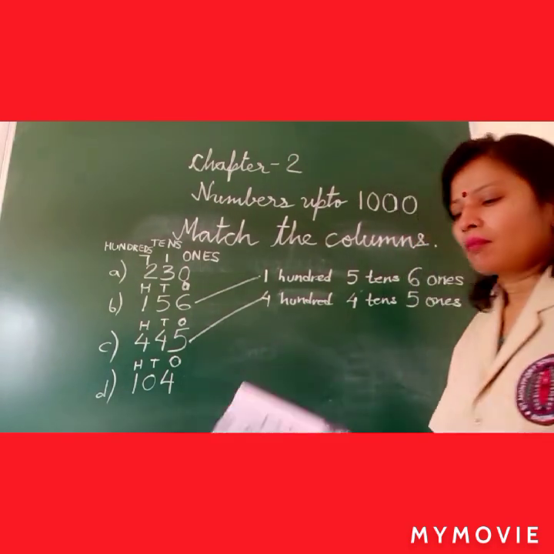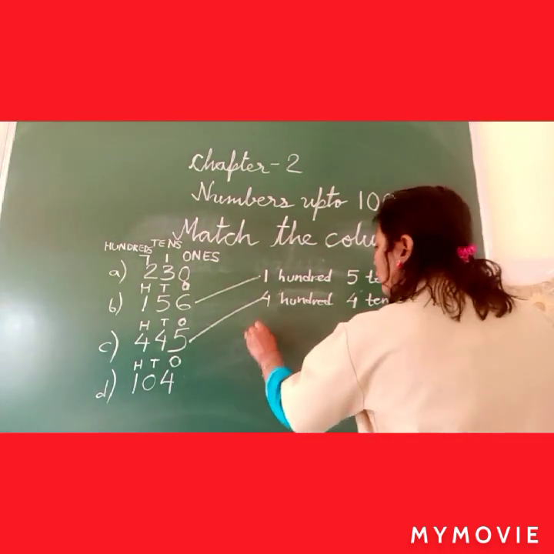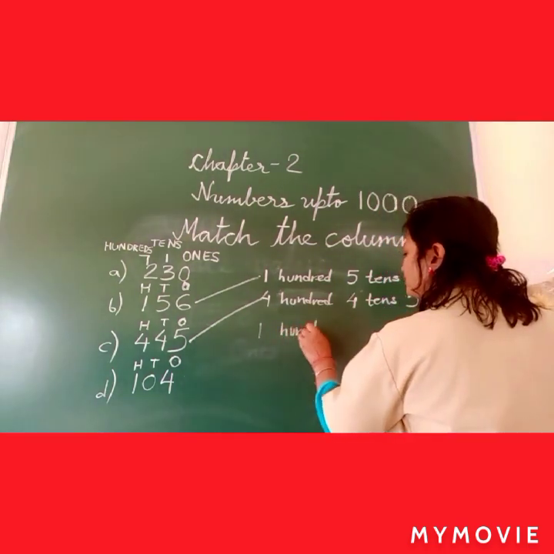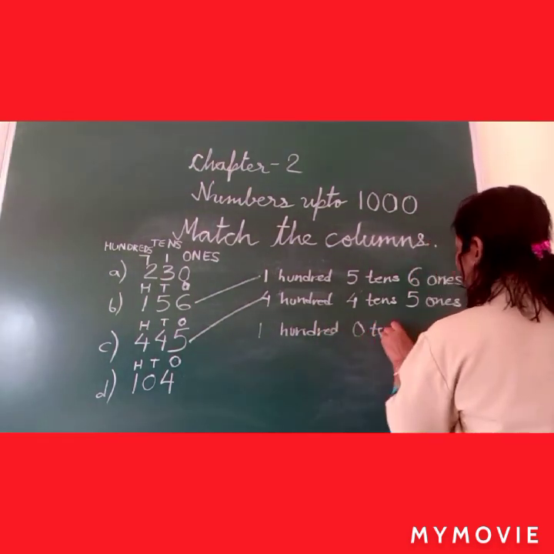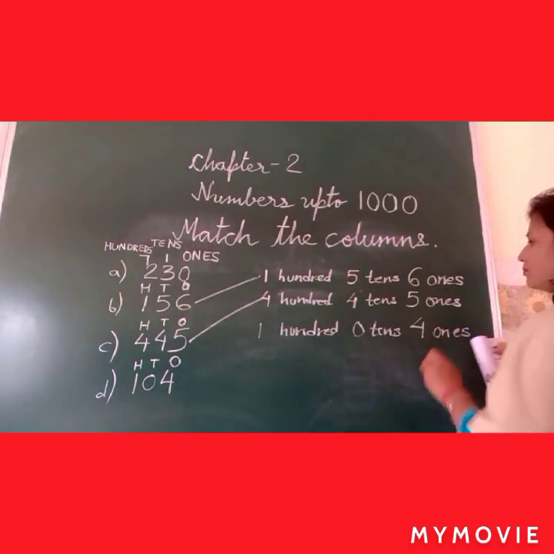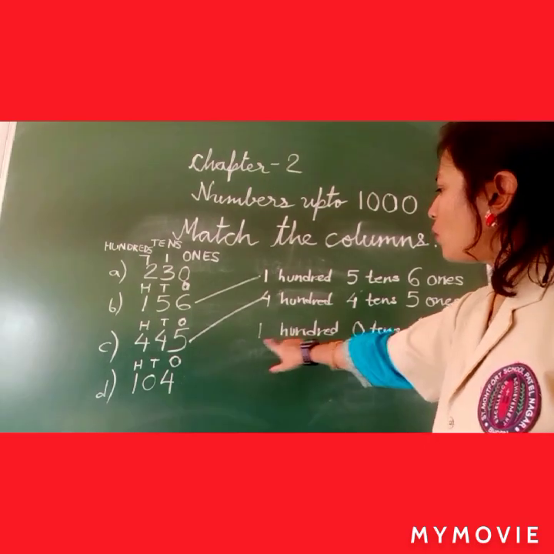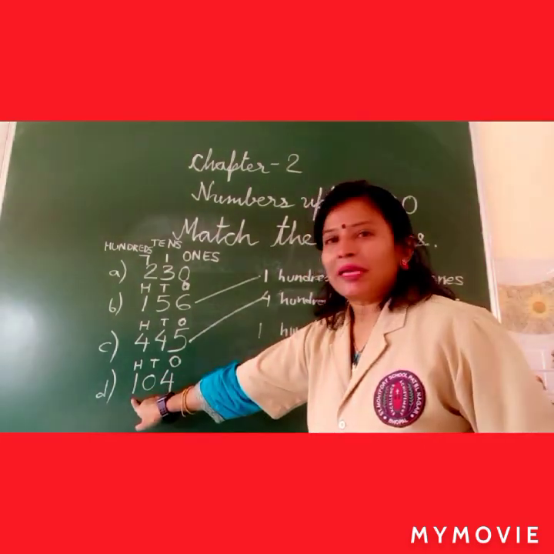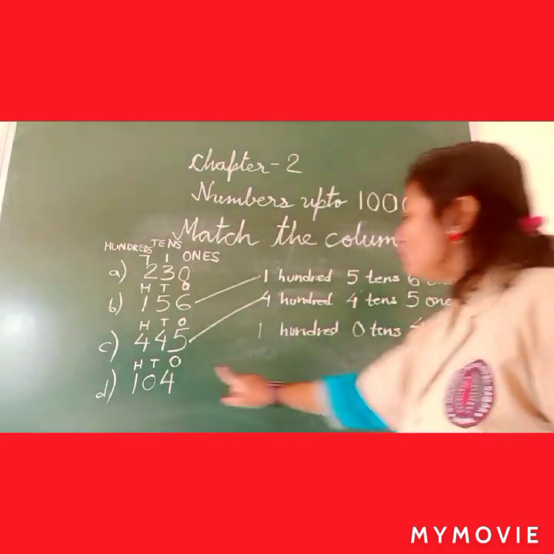Okay. Now let me write the another one. 100, 0 tens, 4 ones. Here the place value of 1 is 100, 0 is tens and 4.